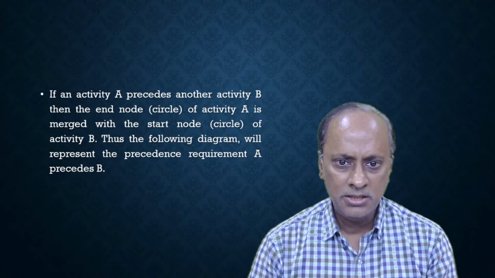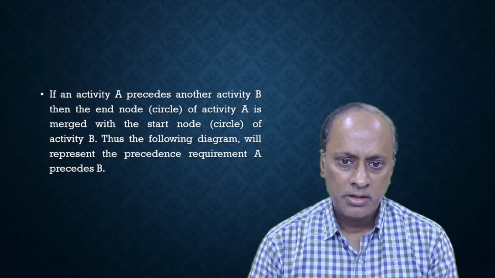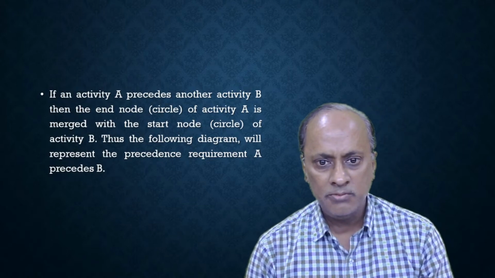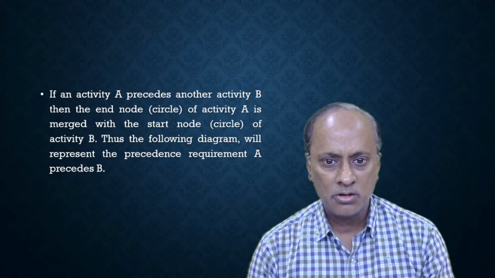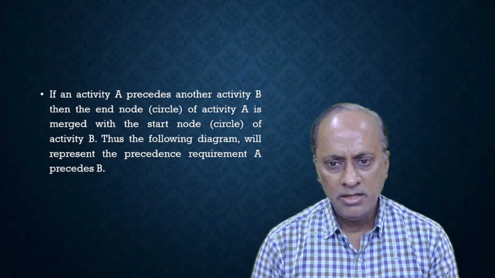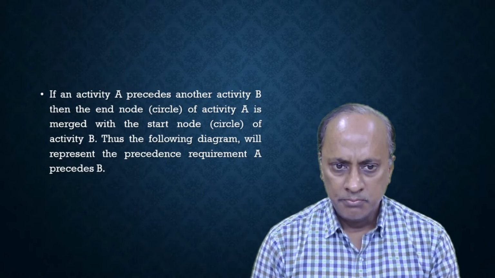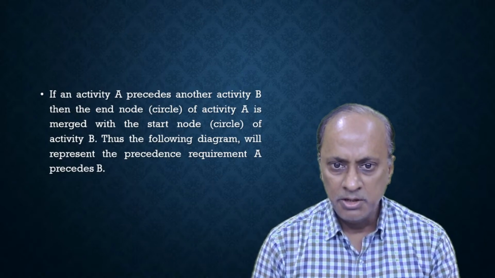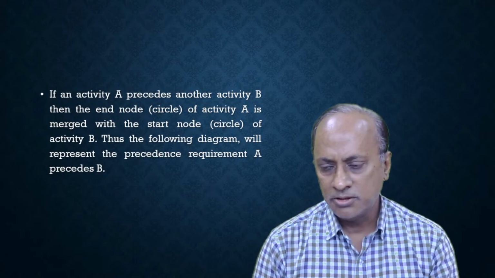So a precedence, when you draw a network diagram, the end node, or circle, of activity A is merged with the start node of circle of activity B. So A is called a predecessor activity, B is called a successor activity.